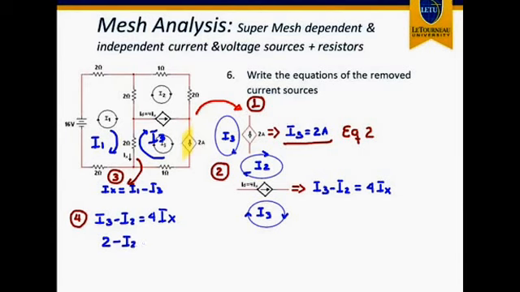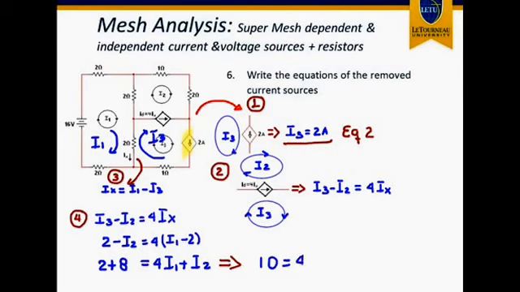We found Ix to be I1 minus I3, so 4 times I1 minus I3. I3 is equal to 2, so we can replace that value into the equation in order to give us 2 plus 8 equal to 4 I1 plus I2. Then this is equal to 10, 4 I1 plus I2, and this is our equation number 3. Now we have the 3 equations necessary to solve the system.